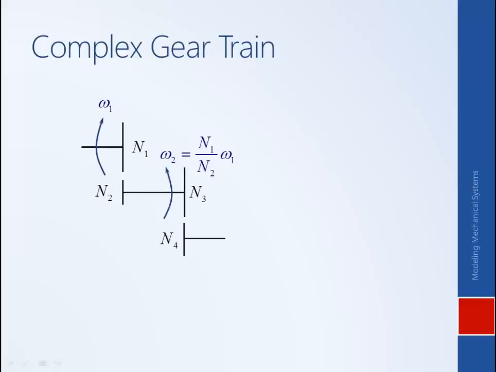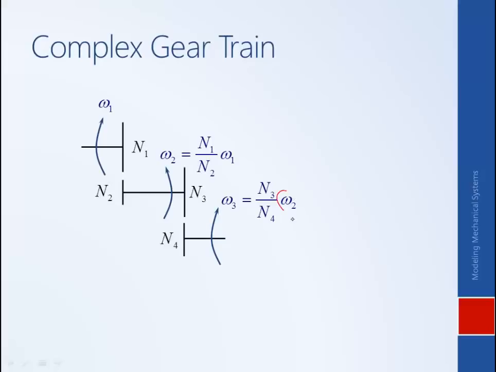We can also use the same sort of notion to relate the speed of the intermediate gear omega 2 to the speed of the final shaft omega 3, where again the ratio of the speeds is inversely proportional to the number of teeth.